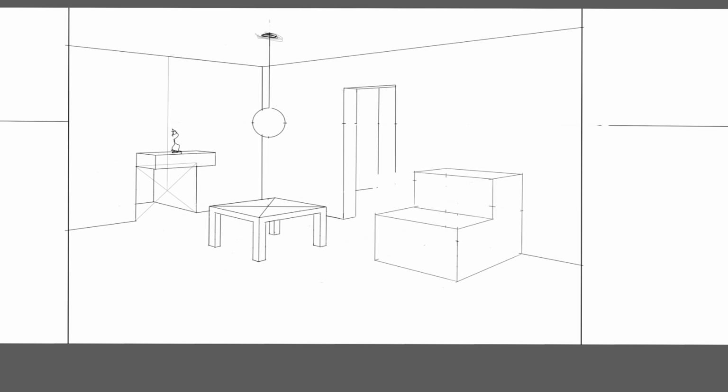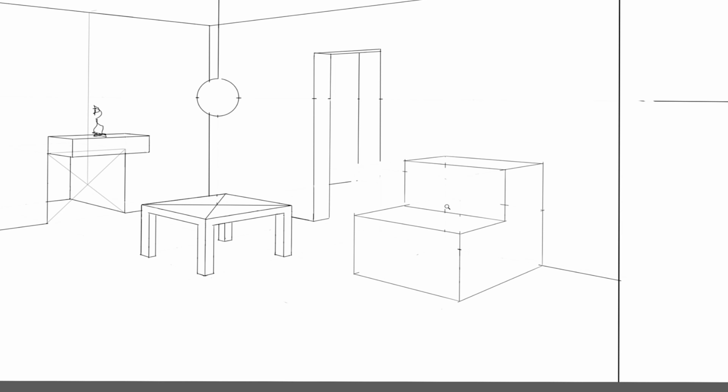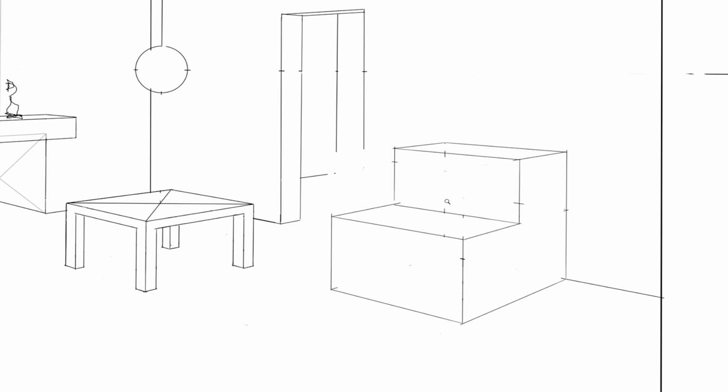So I'm going to, let's move in here just a little bit. Now draw two shapes that are kind of similar.